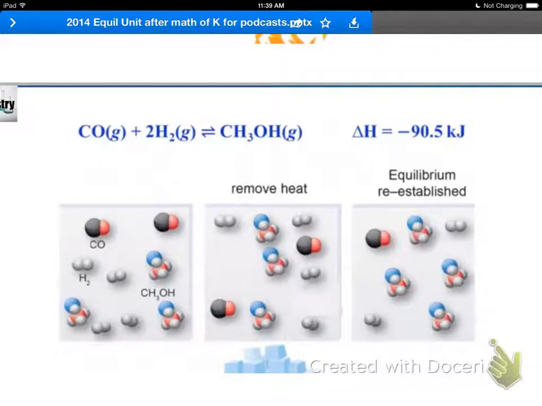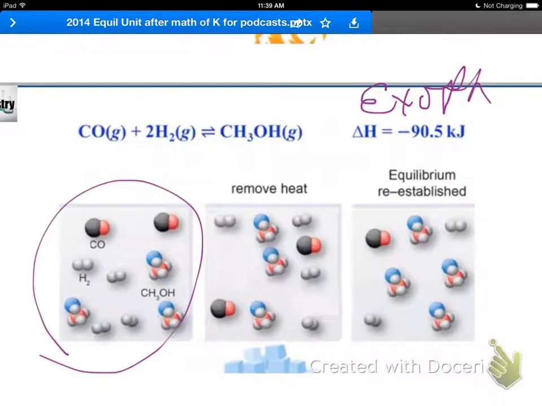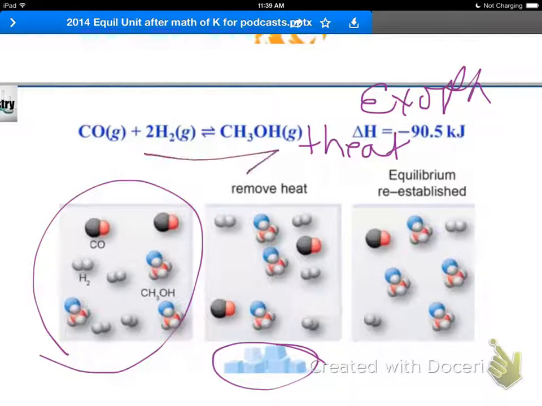Here again, it's still exothermic, right? I have a system at equilibrium. I cool it off, which means it's losing heat. In order to restore heat, it's going to shift to the right and make more methanol. I can see another methanol produced and carbon monoxide and hydrogen consumed.